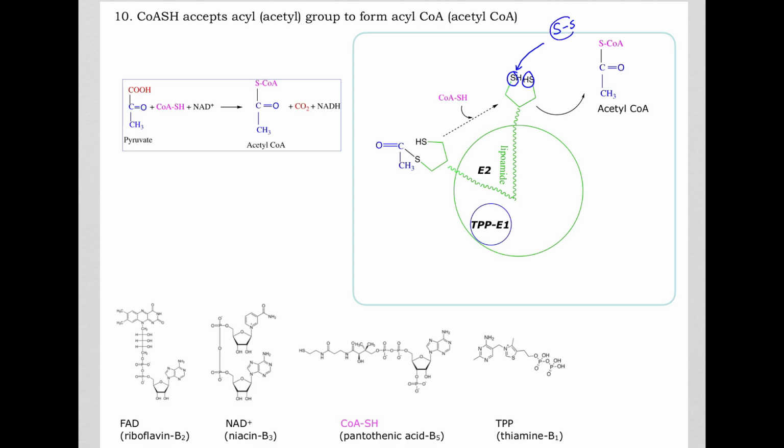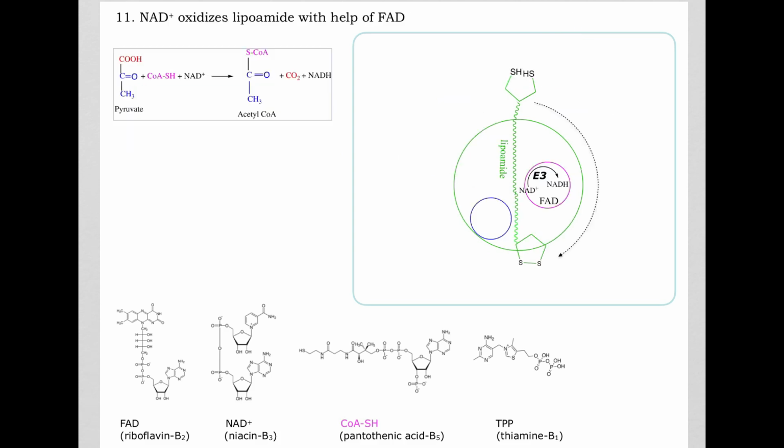Now, after this reaction with the pyruvate, with the acetyl, it has become reduced to two SH groups, two thiols. So in the next step, the enzyme will have to reconvert this reduced form into the oxidized disulfide form. That's where the next step happens, and that involves E3.